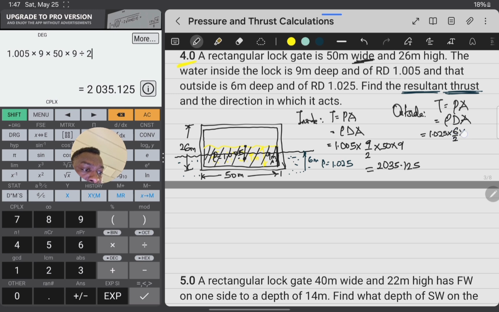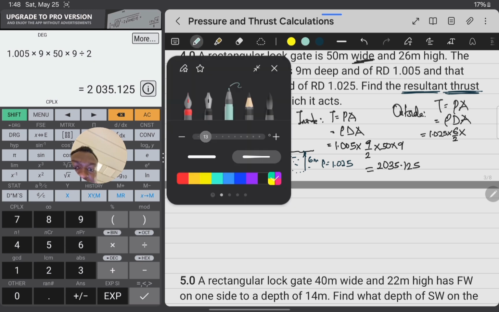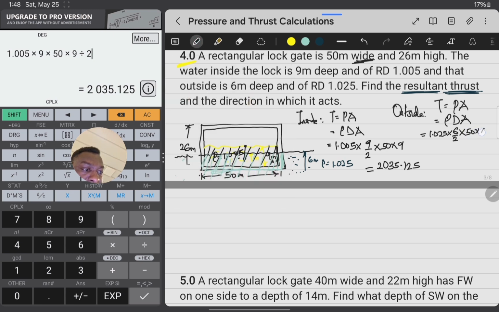So it's 6 divided by 2, and the area is the one occupied by that water on the gate, which is 50 times 6. So we have 1.025 times 6 times 50 times 6 divided by 2. So we have 922.5 tons.